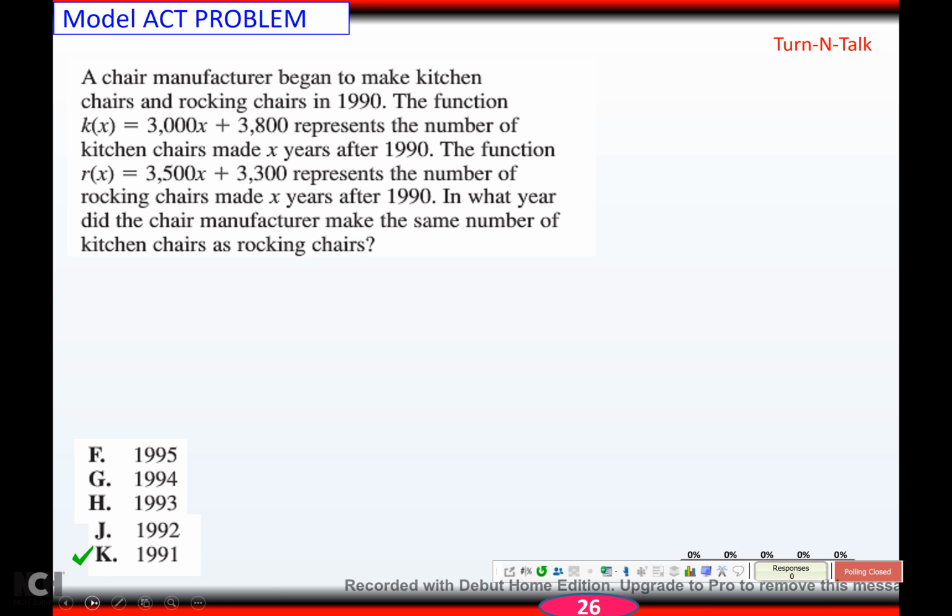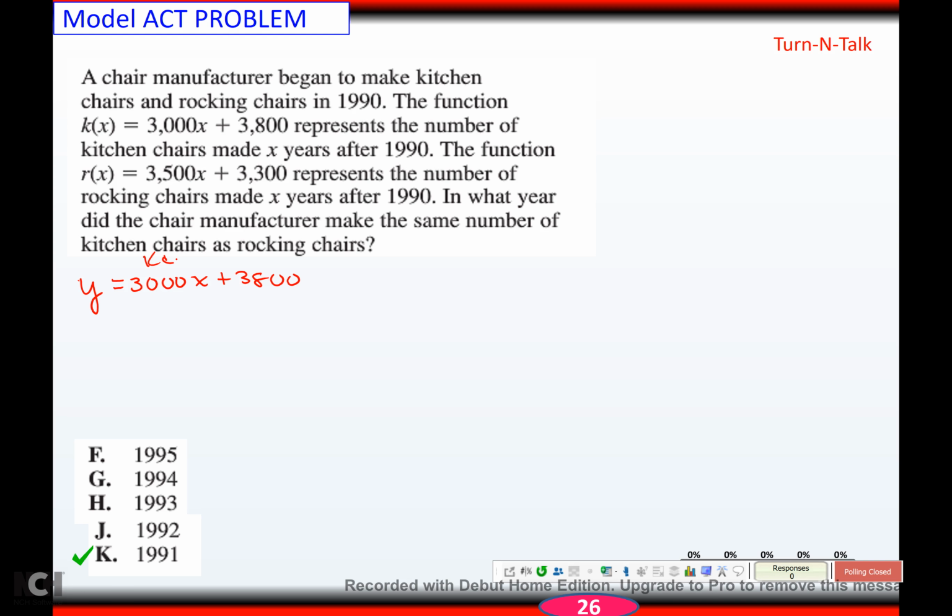Hopefully 1991. Okay, a chair manufacturer began to make kitchen chairs and rocking chairs in 1990. The function k of x, which I'm going to use y, equals 3000x plus 3800 represents the number of kitchen chairs made X years after 1990, which means if X is 5, I'm talking about 1995.